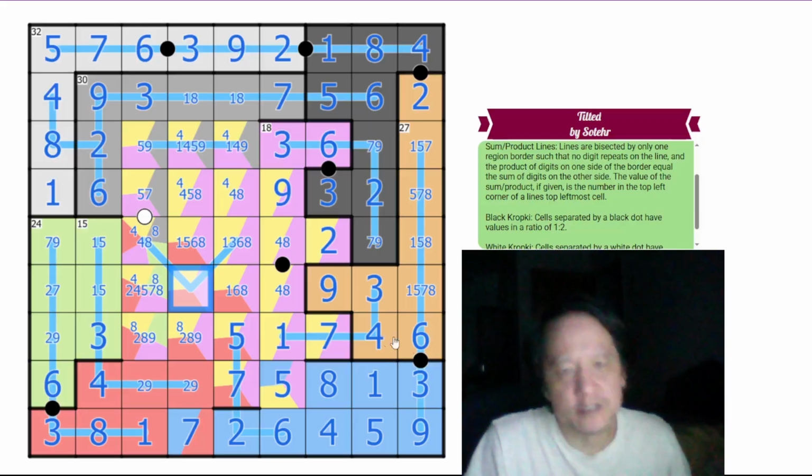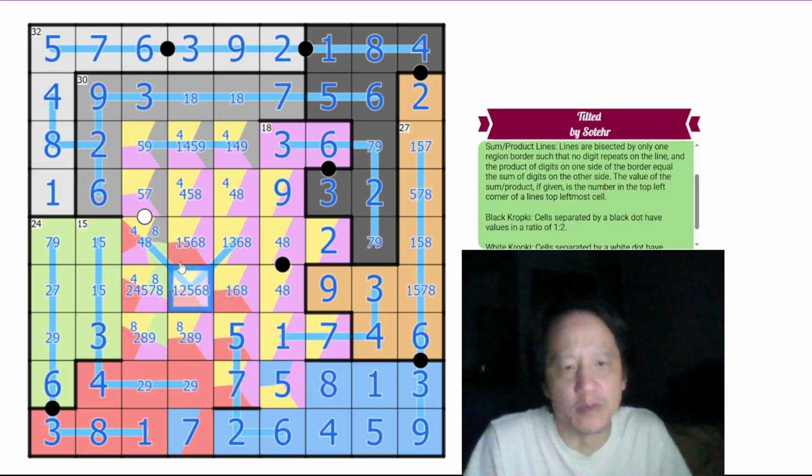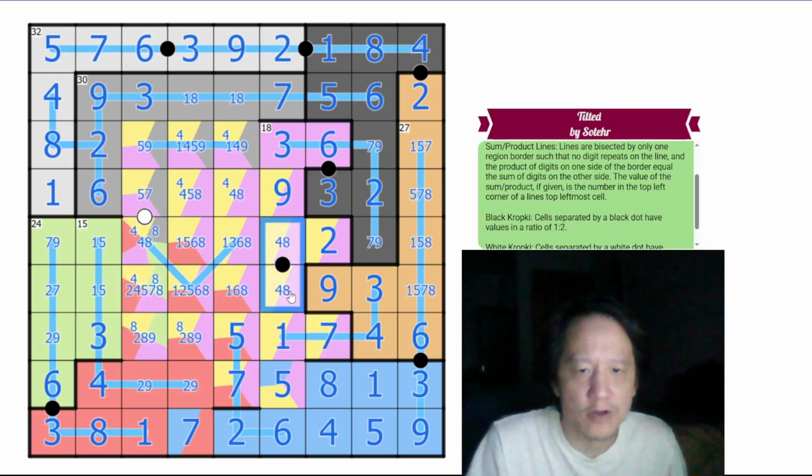What are the remaining digits here? 1, 2, no 3, 4, 5, 6, no 7. It could be 8, no 9. 4 cannot be here because we have 4 here and a 4 here guaranteed.